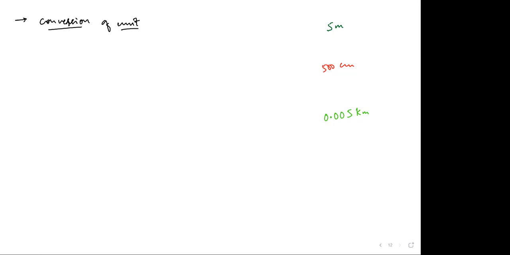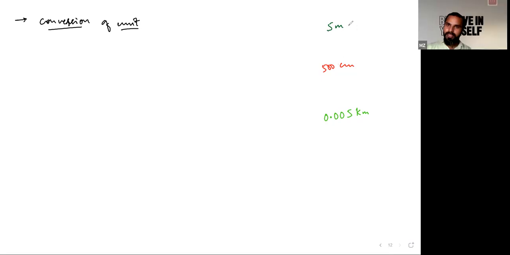Yes, sir. Okay. Just see from this part to this part. If you are going from meter to centimeter, we are decreasing the unit, as meter is the larger unit and centimeter is the smaller unit. Now just see the numerical part. It increases from 5 to 500.